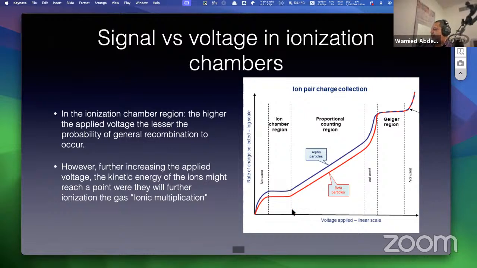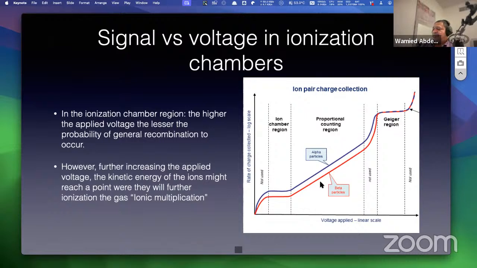And this is why, as the voltage increases beyond a certain limit, we see the signal start to increase. So the signal in this region is not only from the ionization produced in the cavity by the radiation beam, but also the ionization produced in the cavity due to accelerating the ions when we're collecting them.